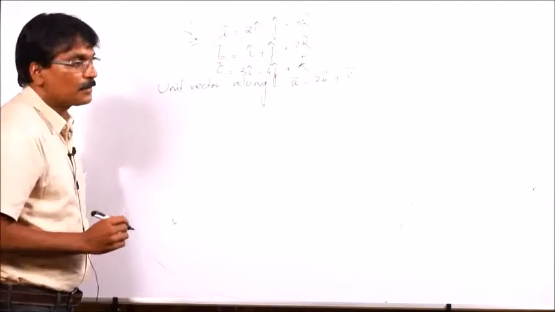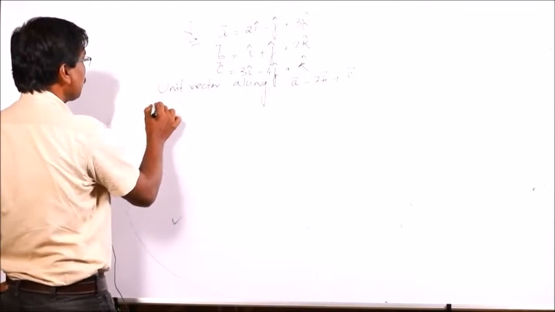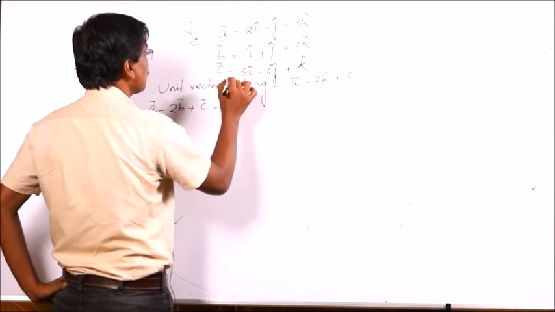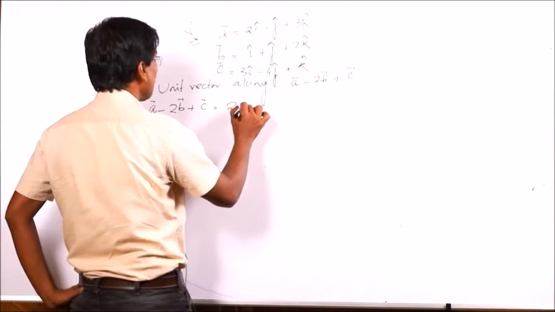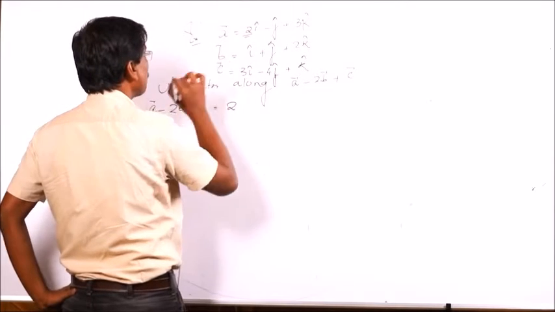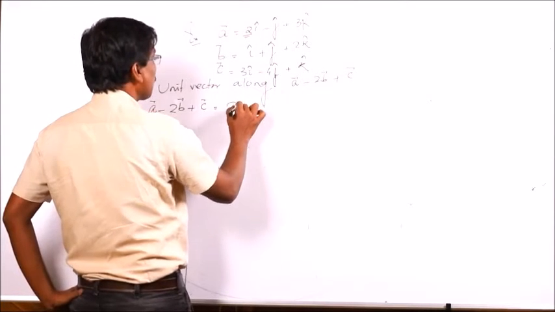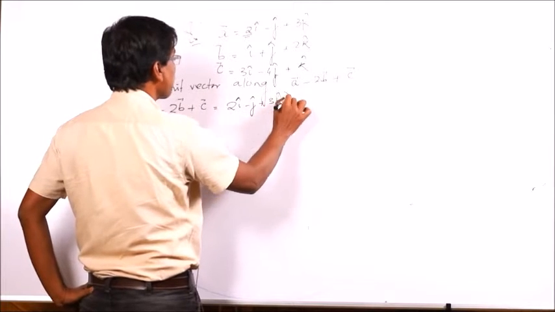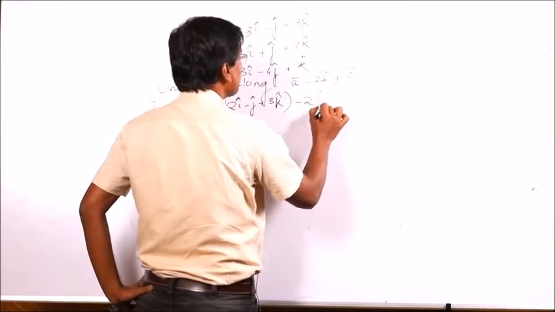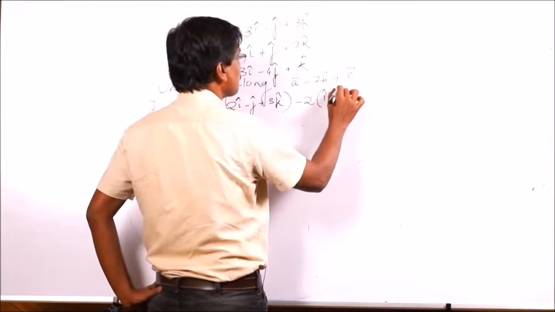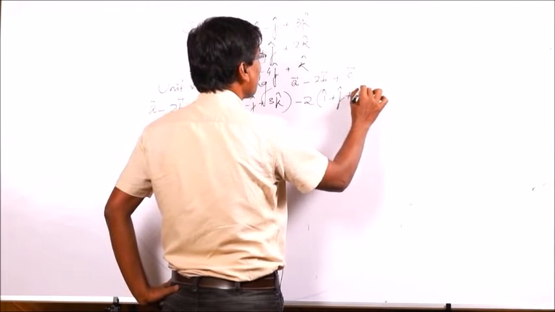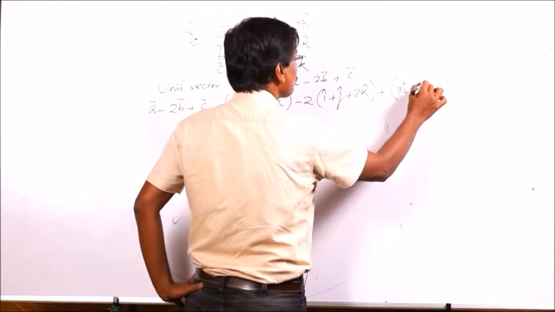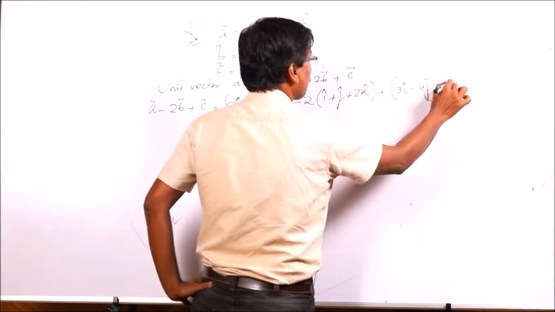So first of all we calculate A vector minus 2B vector plus C vector. That is equal to, component wise, 2 i cap minus j cap plus 3 k cap minus 2 times i cap plus j cap plus 2 k cap plus 3 i cap minus 4 j cap plus k cap.